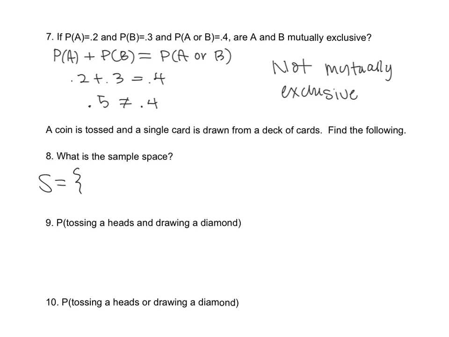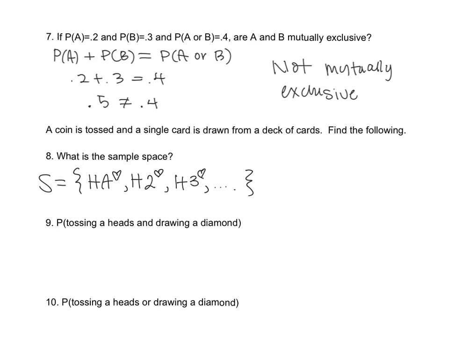So I can flip a coin and get a heads, and then I could draw an ace of hearts. I could flip the coin and get heads and draw the 2 of hearts. Flip the coin and get a heads and the 3 of hearts, and I would work my way through all heads and all hearts, clubs, spades, and diamonds.